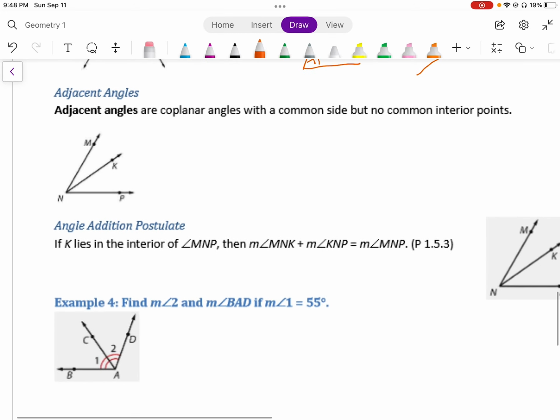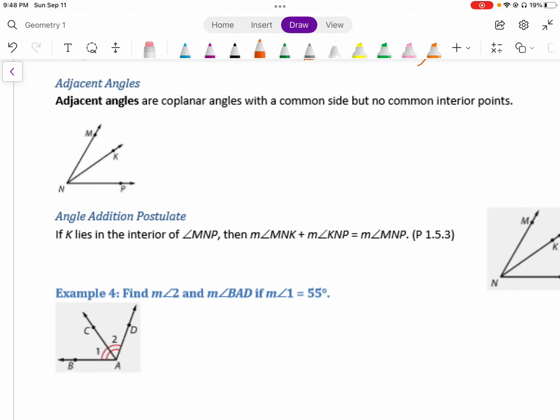Few more terms and then we'll be finished. Adjacent angles. It's a word we hear in our English language, and it is similar to what we're doing here. If you're in a room and there's a room next to mine, those two rooms we also say are adjacent, not the one across the hall, but the one that shares a wall. Well, adjacent angles share a vertex and share a side, which is a ray, but they don't have any common interior points.